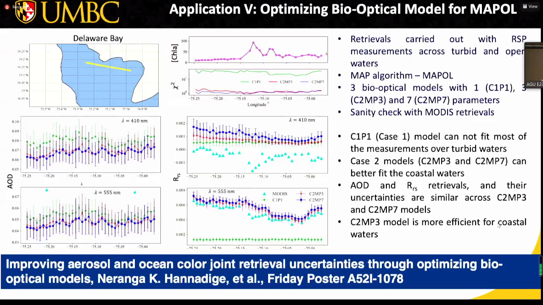The message here is that you see the chi-square, which is the cost function. The C1P1 model does not give you a good convergence. The other multi-parameter models give you better convergence, but the performance is similar. So MP7 means more parameters in the ocean water. More parameters doesn't mean it's better.